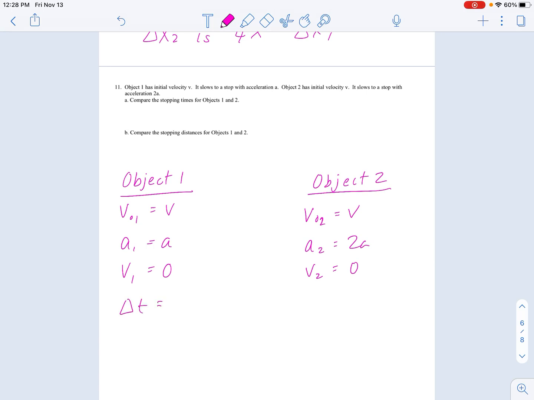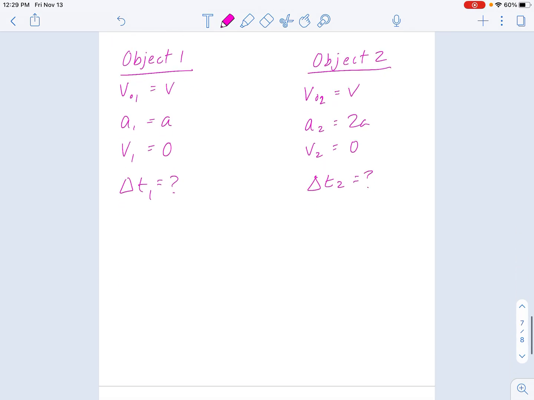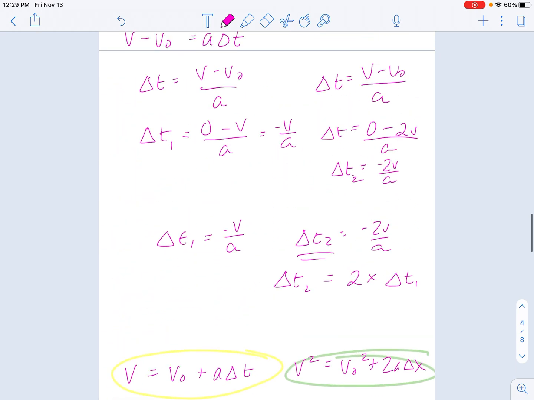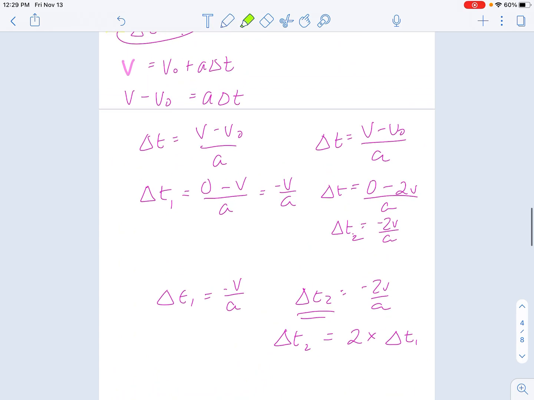Compare the stopping times. This is very similar to 10a. In fact, if I go back to 10a, I solved for delta t. I'm just going to go ahead and borrow that.